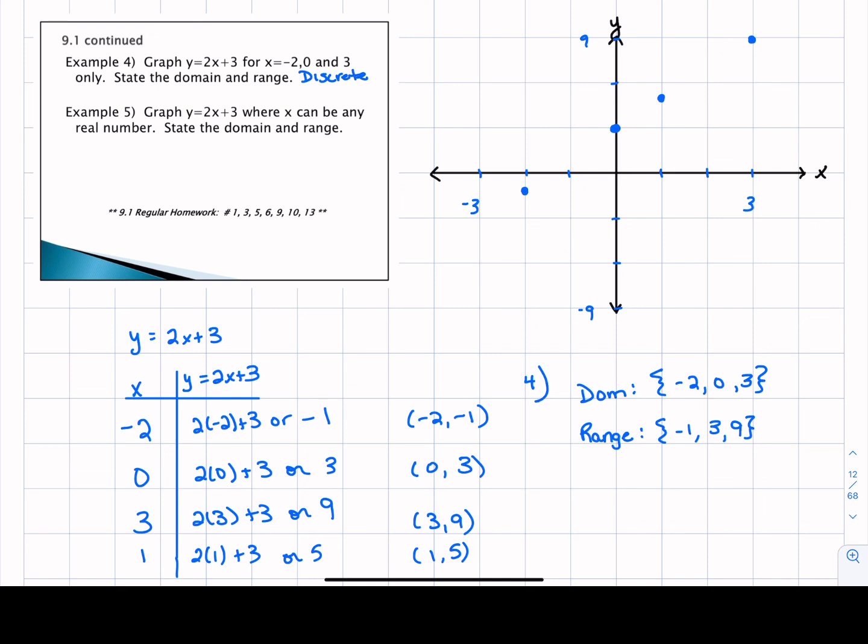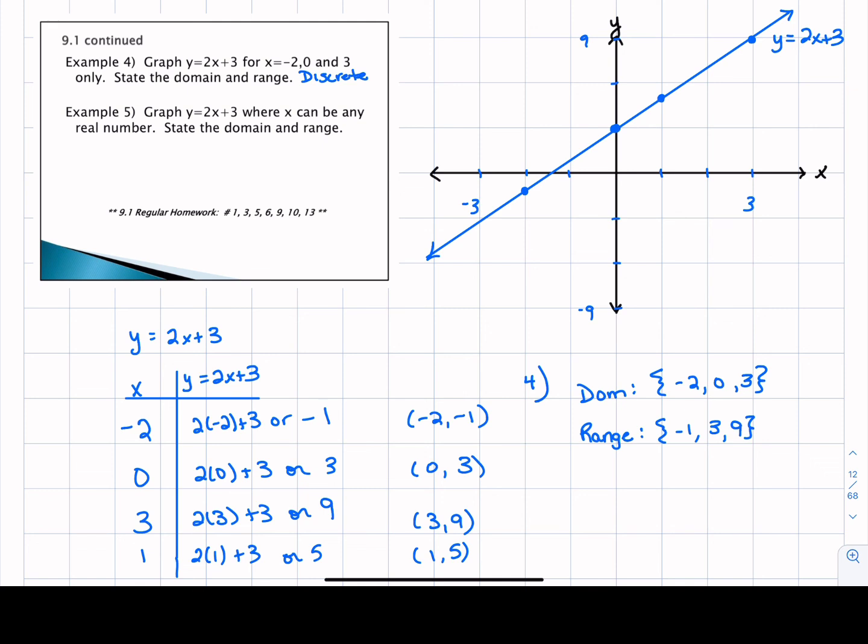So if I were to connect the dots, and I'm going to do this the best I can with the technology that we have here, it wouldn't matter what I chose for x. They would all fall on the same line. So this is the graph of my function y = 2x + 3 when I'm allowed to choose any x in the whole wide world. So if x is any real number.